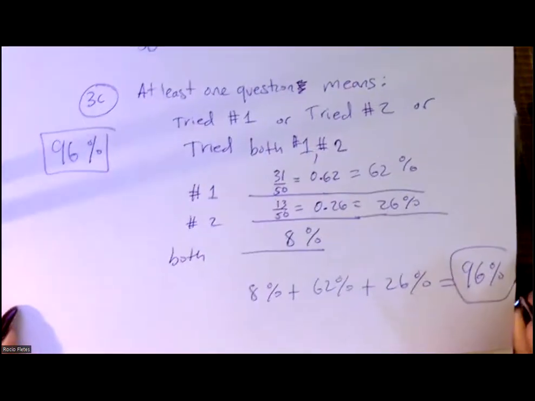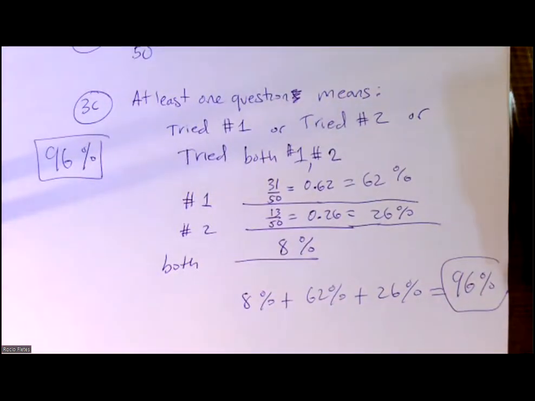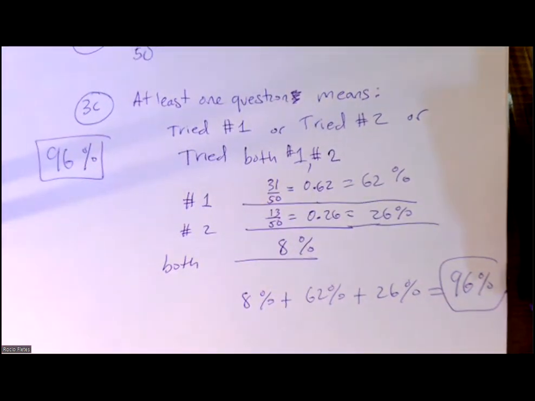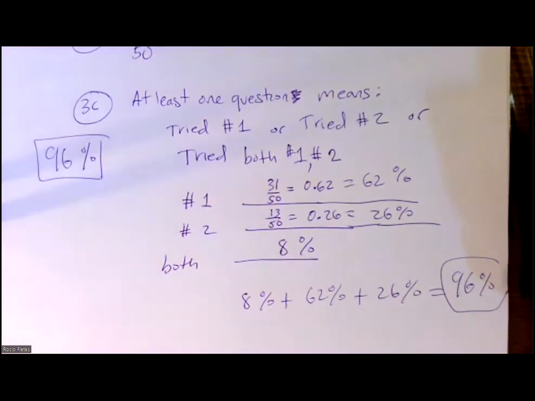Okay, 96% tried at least one question. Most of the students then, right, tried at least one question. That's 3C. Okay, we are done with question number 3.